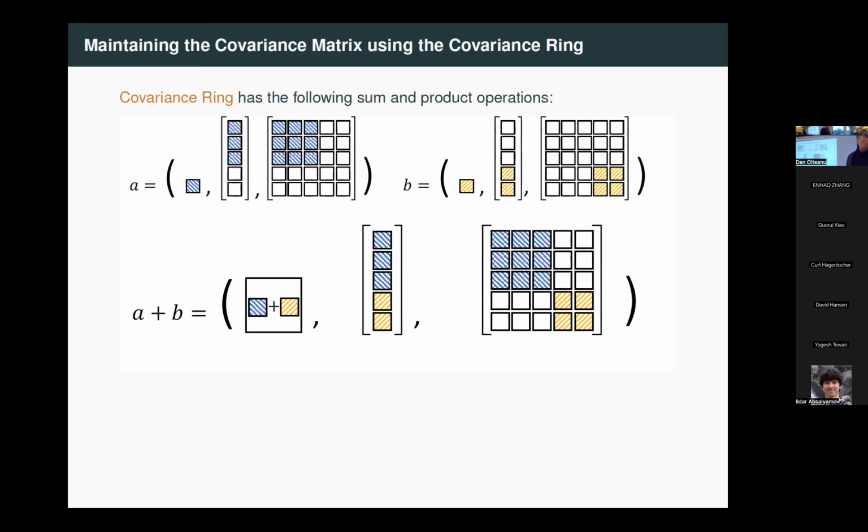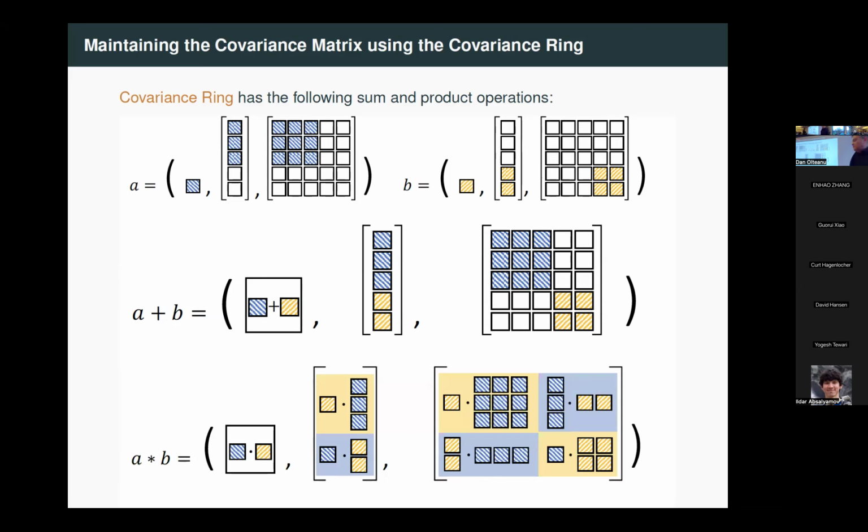If we want to do multiplication, then you multiply the counts. You multiply every vector with the count from the other element, and then you sum them up. And here, you multiply the count from one side with the matrix from the other, and that would be here and here. And then here and here, what you do is outer products of the vectors of the two sides.